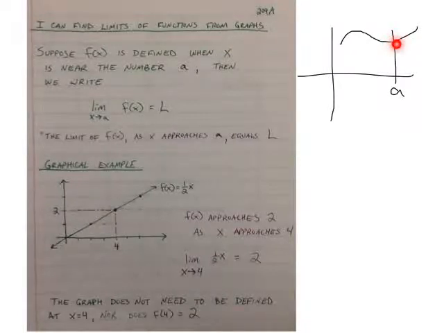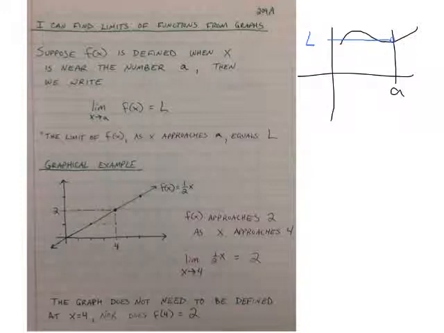It exists really close to a, or near a. So we can write that the limit as x approaches a of f of x equals L. And that kind of means as we approach a, the limit of the function approaches this value which we'll call L.